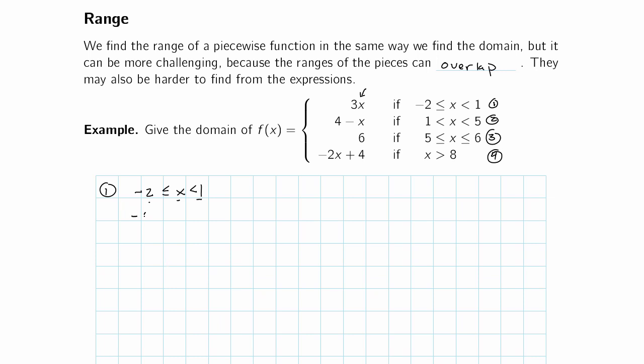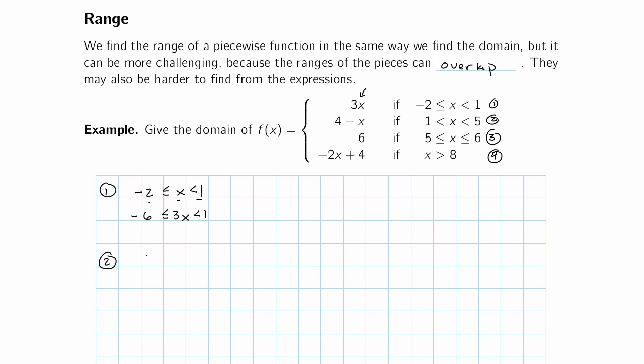So -6 is less than or equal to 3x is less than 1. So one piece of our range, remember 3x is the output value of the function, goes from -6 to 1. Okay, that wasn't too bad. Let's start working on the next piece.